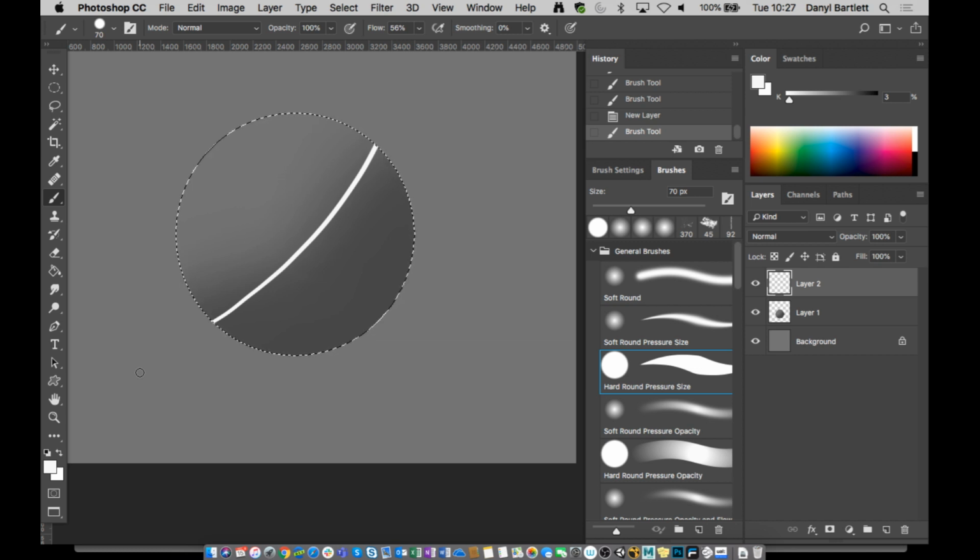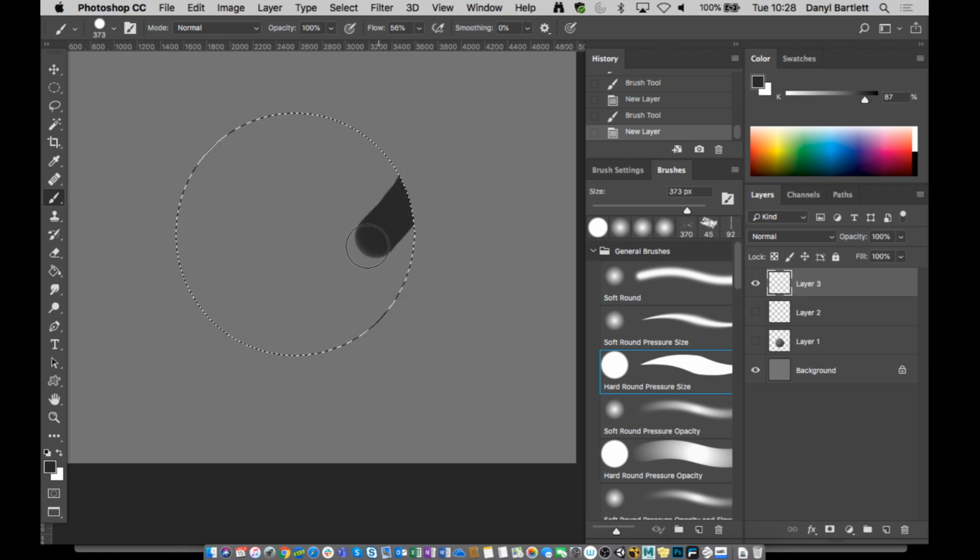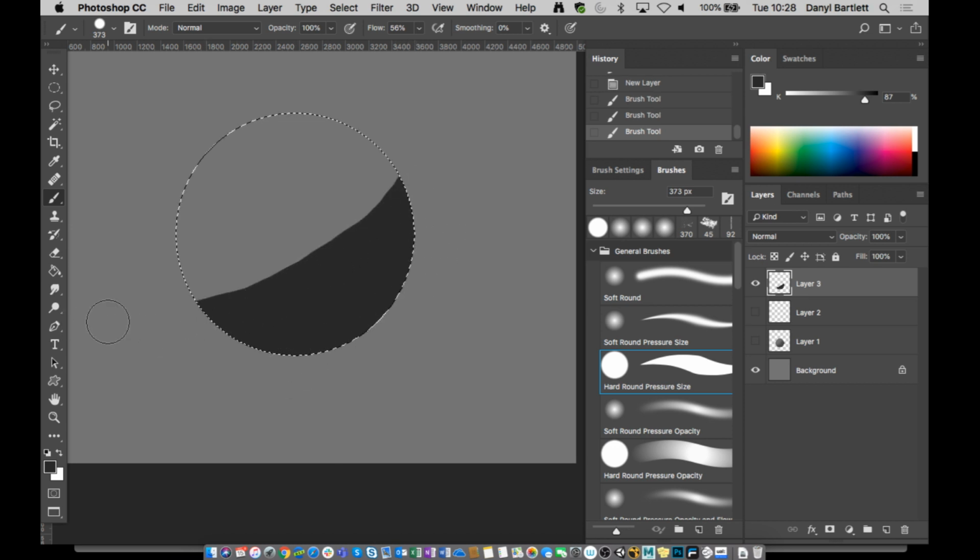For example, and this is almost impossible, you will likely never see this in nature, but theoretically, because the physics would allow it, you could have a terminator line that looked like that. I know that's not perfectly smooth, but cut me some slack, I'm freehanding it.